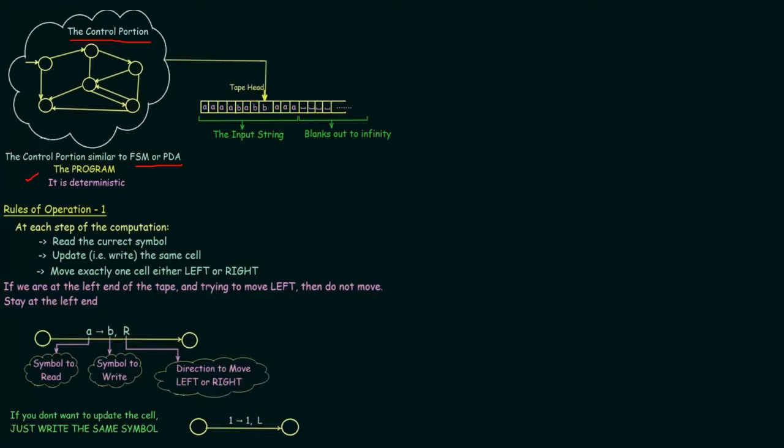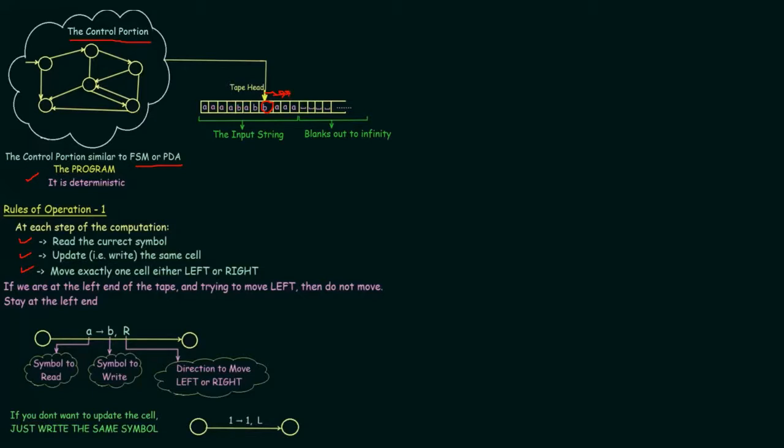But there are some rules: whenever the tape head is pointing to a particular location, you can only read or write at that particular location, and at once you can go only one cell left or right. That means you cannot jump into another cell straight ahead. You can just go one and one and one, like this. Okay.